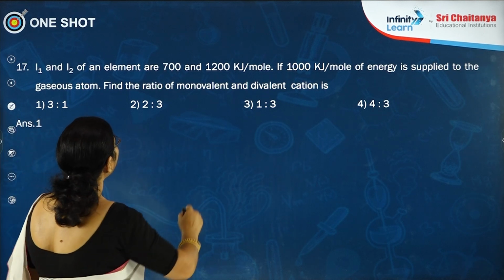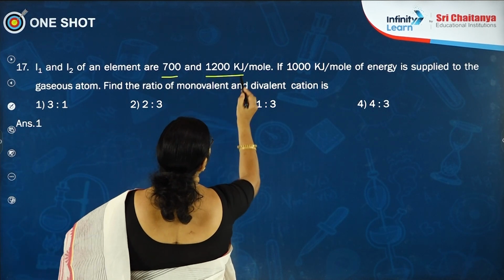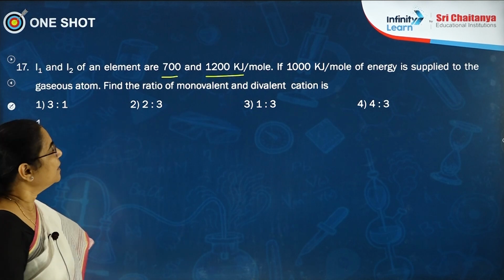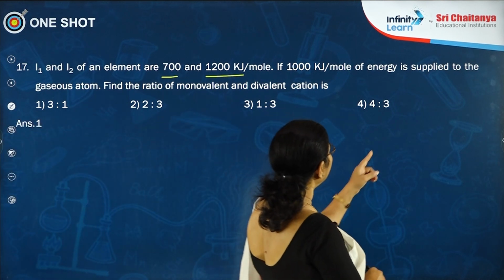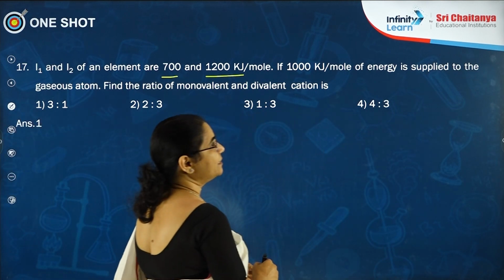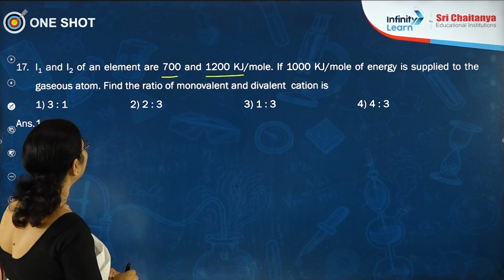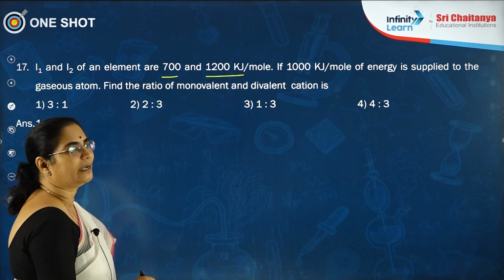IP1 and IP2 of an element are 700 and 1200 kilojoule per mole. If 1000 kilojoules of energy is supplied to the gaseous atom, find the ratio of monovalent and divalent cations.